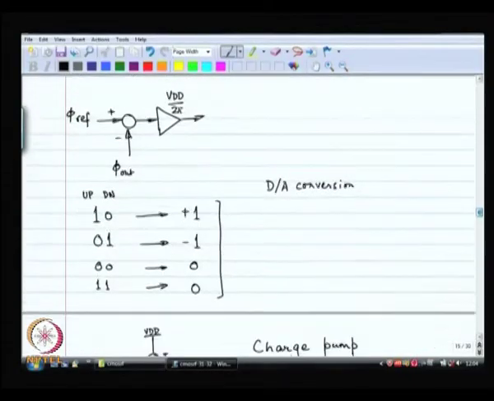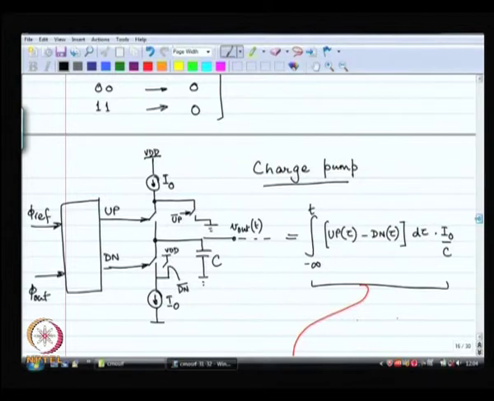Now, if you made the DAC a current steering DAC, and up and down are high at the same time, it should not matter: I 0 goes in, I 0 comes out, no charge accumulates on the capacitor. So, it is all clean.